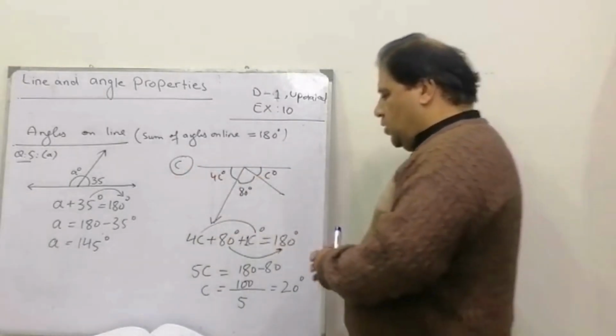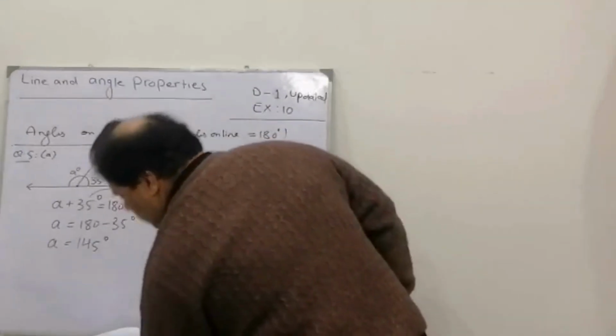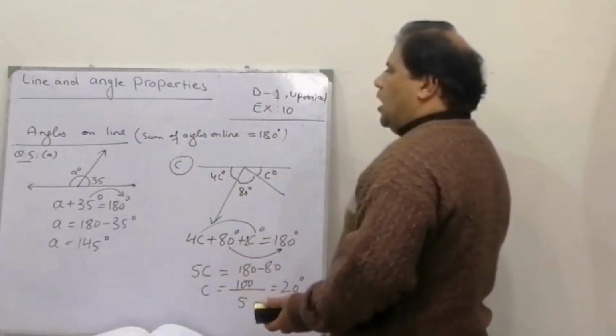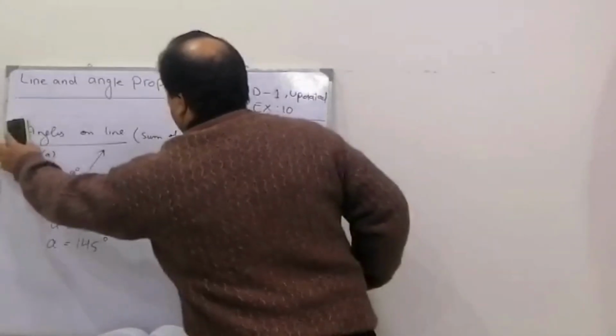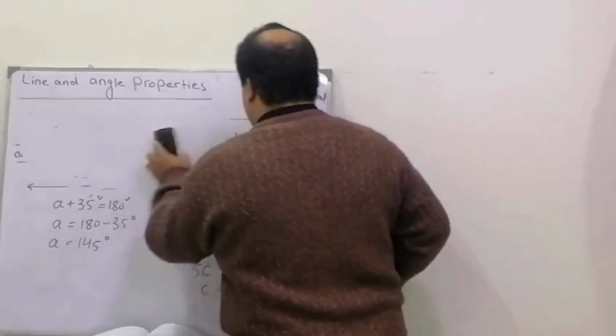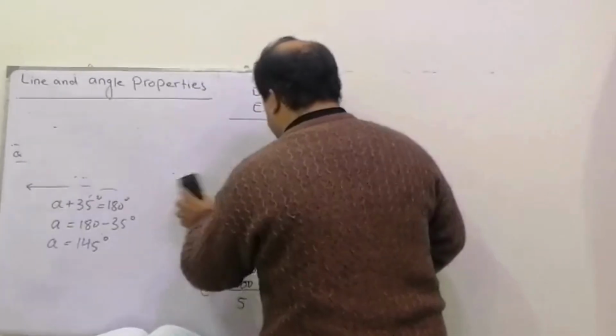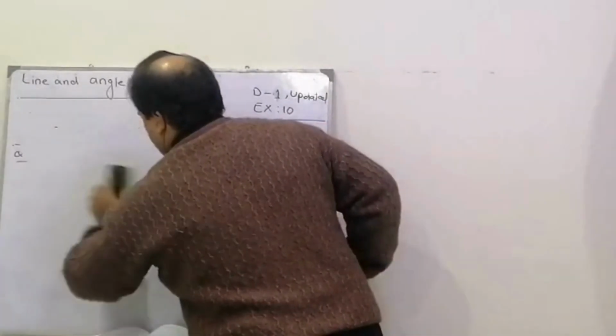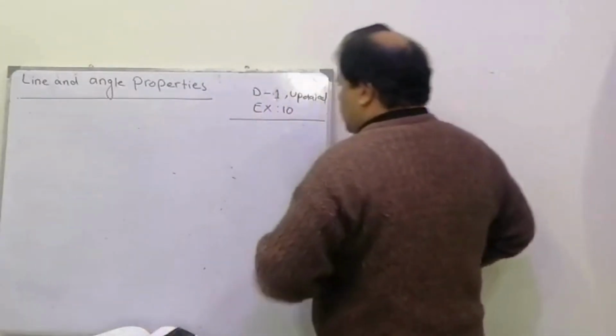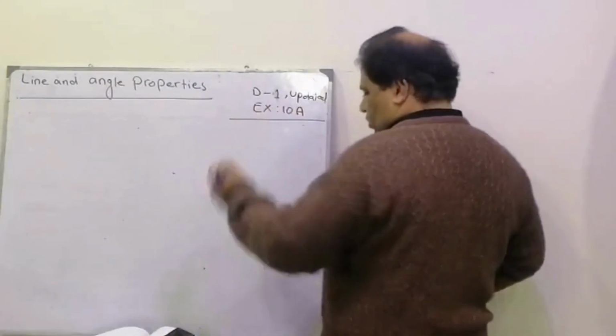Okay. Now we move to the next concept: how to find the missing angle when angles are on a point. This is exercise 10A. I have not written it there.